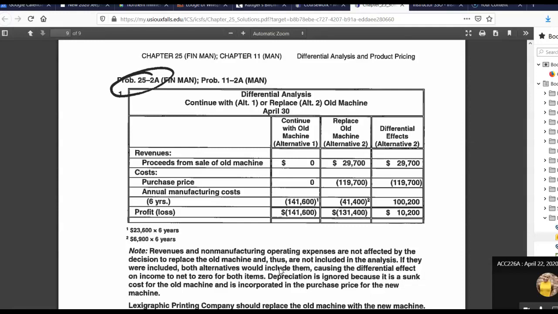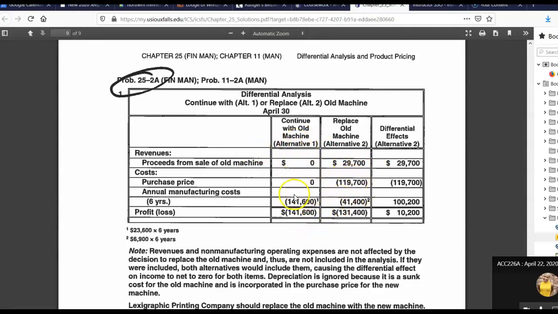If we go to the new machine, of course, here you see we have to purchase it, so 119,700. They give you that data. The annual manufacturing costs in this problem are $6,900 times 6, 41,400. And then if you look back at the old machine, if they were to sell it, they're looking at 29,700. So that 29,700 is like your trade-in, if you will, offsetting the purchase price.